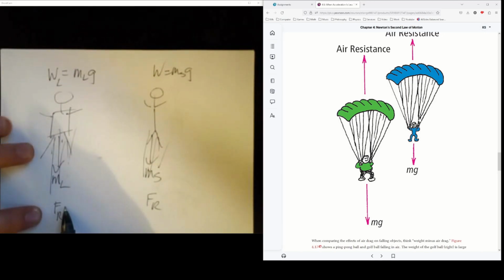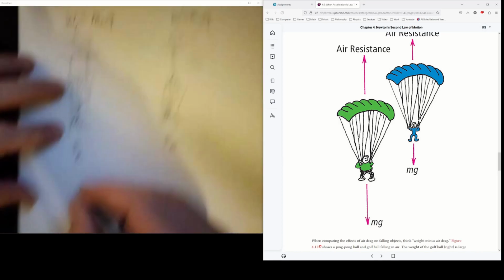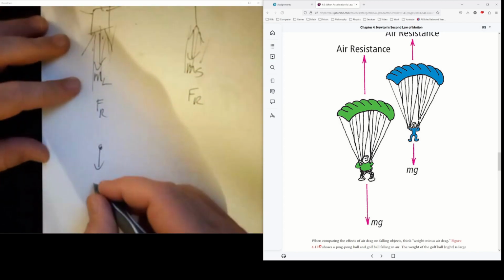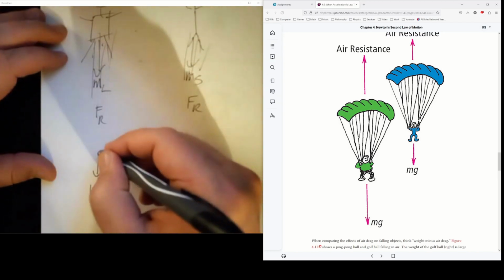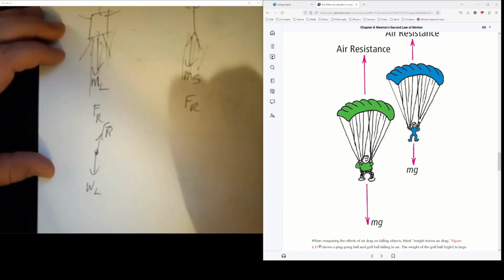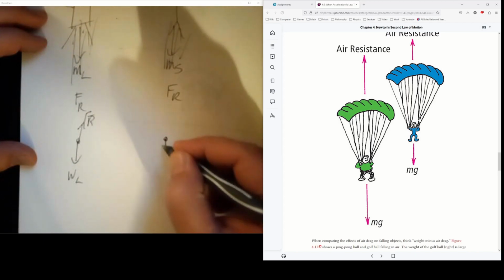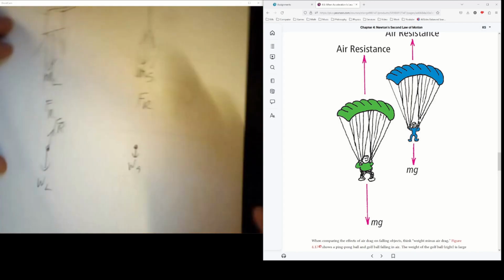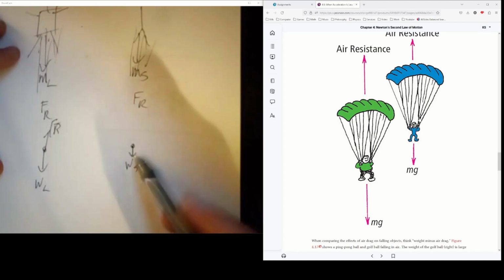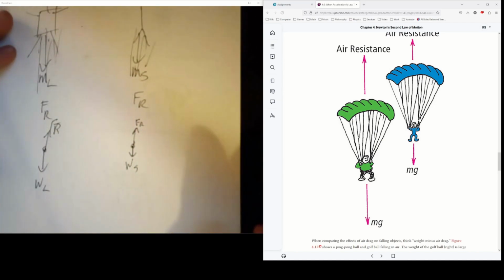And so we have our weight going down for this person. And then they have their force of air resistance up. This person over here is going to have less weight going down, less because they have less mass, but the force of air resistance is still going to be about the same.